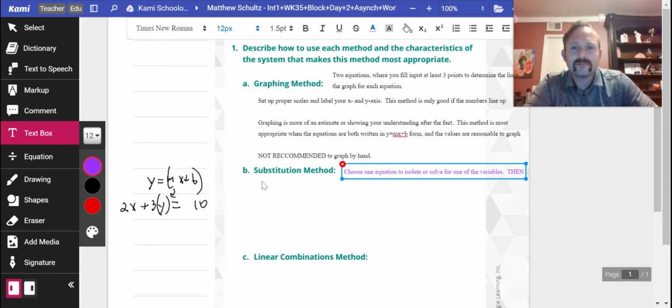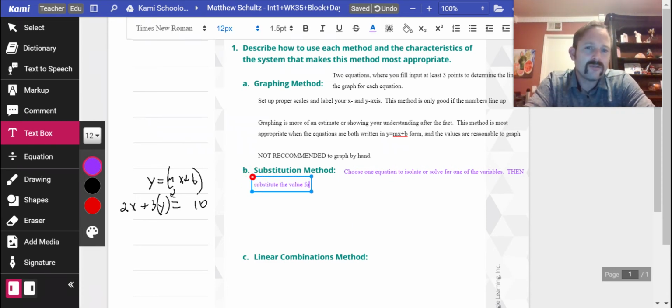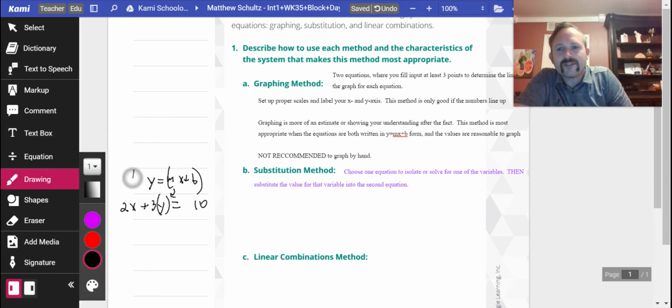Then substitute the value for that variable into the second equation. Here's our first equation. Now here's our second one.